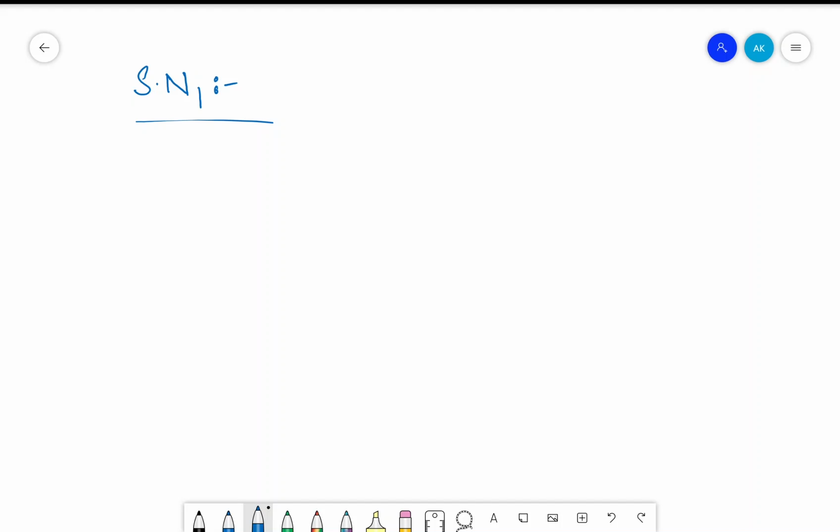SN1 reaction stands for unimolecular nucleophilic substitution reaction. Here S represents substitution, N stands for nucleophilic, and 1 suggests it is unimolecular.